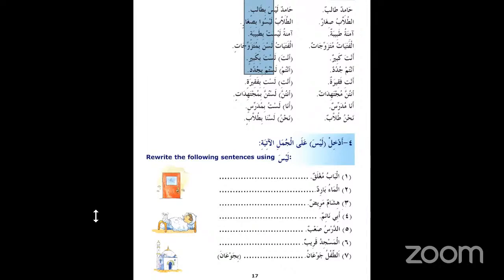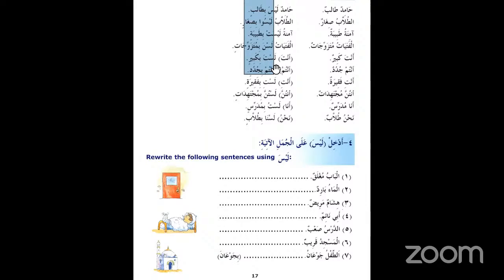Correct. المسجد. The mosque is not here. جوعان. The child is hardworking. No, jawan means hungry.